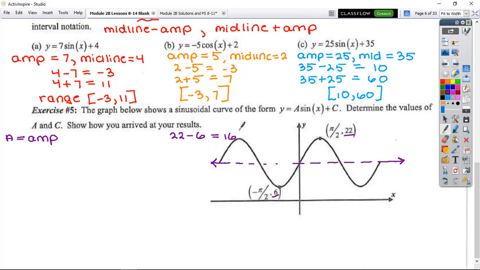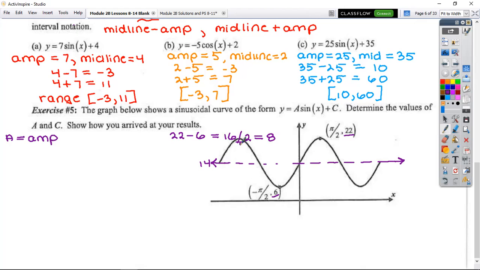So I have 16 in between here. And then I'm going to take this and divide it by 2, which means my amplitude should be 8. So I take this, add 8 to it, and that's 14. Does that work? Yep, 6 plus 8 is 14. 14 plus 8 is 22.